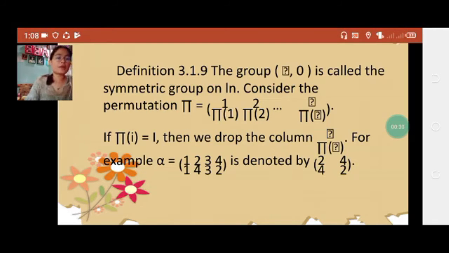So consider the permutation pi equal to the quantity of 1, pi of 1, 2, pi of 2, up to n, pi of n. If pi of i is equal to i, then we drop the column i, pi of i. For example, alpha is equal to 1, 1, 2, 4, 3, 3, 4, 2, which is denoted by (2 4), (4 2).